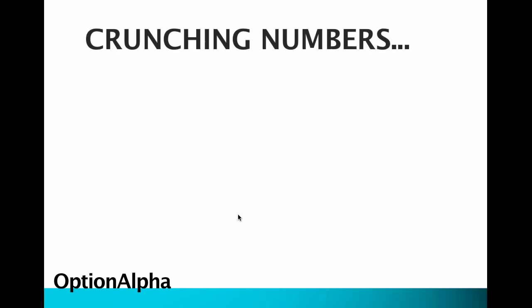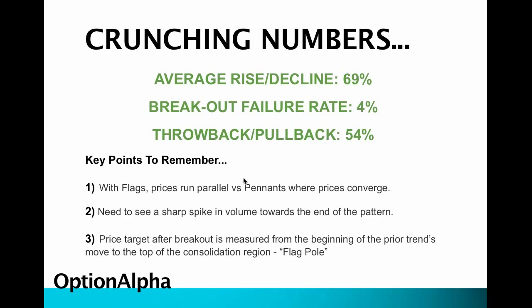Let's get into the numbers here as we always do. The average rise or decline from these patterns is about 69%. So like I said, this is a very powerful pattern. Now this is a little bit subjective because we're looking for historically patterns that fit all the criteria.